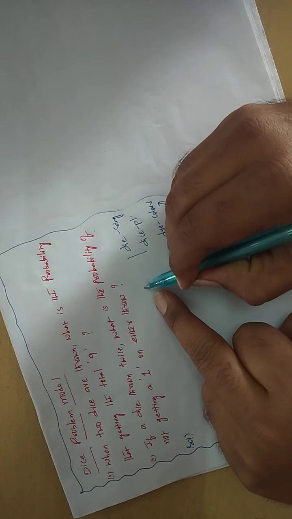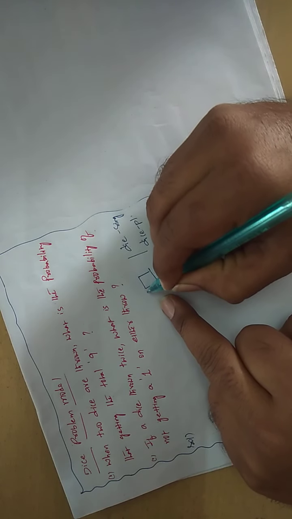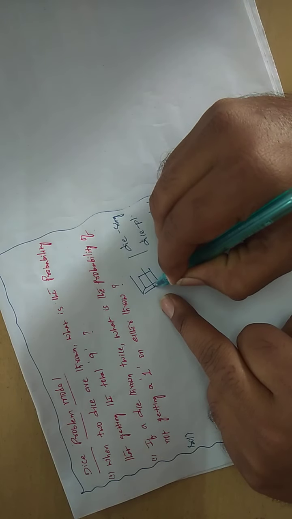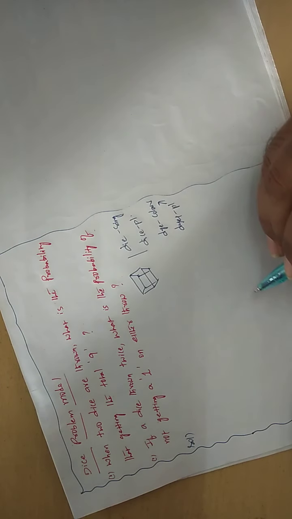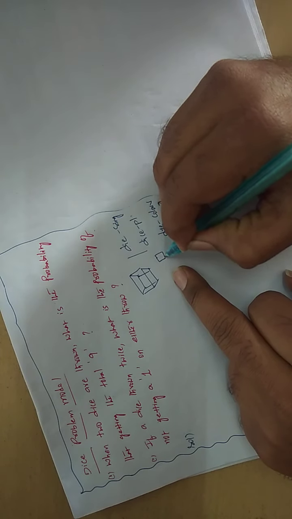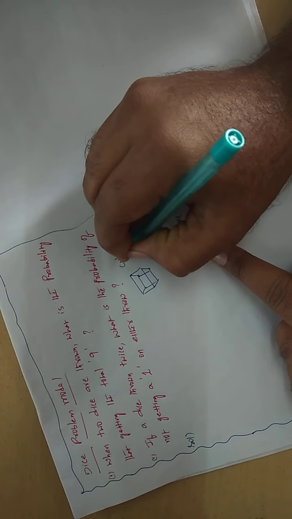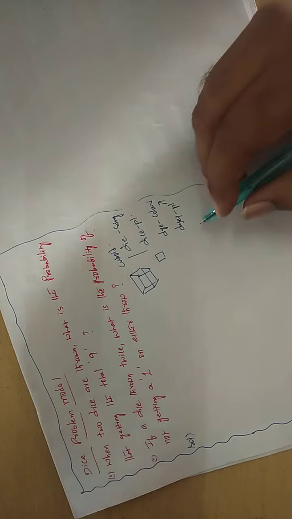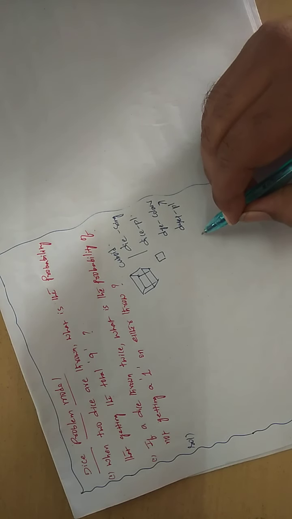Generally, we are assuming a die of how many faces? 6 faces. Be careful. How many faces does the die we consider here have? 6 faces. All are of equal size, square size, generally a cuboid. So how many sides would be there? 6 sides.